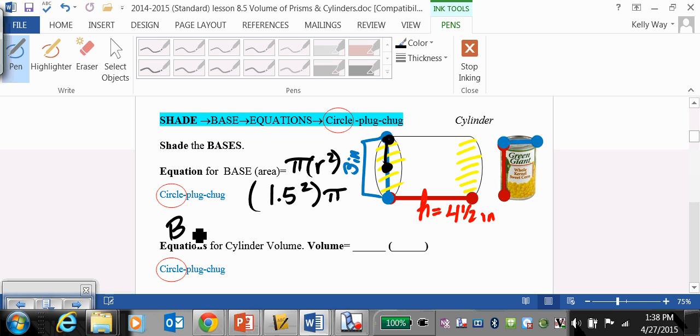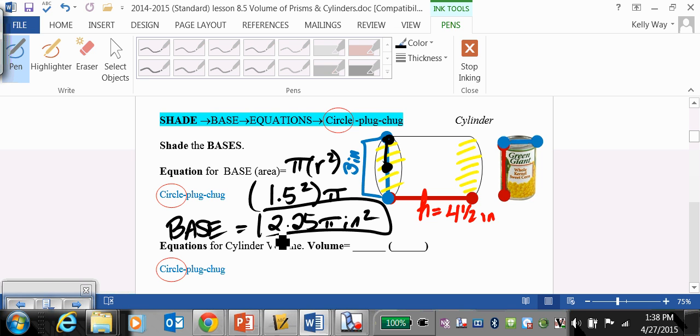And write the word base equals, that's 2.25 pi inches squared. Box that. Actually, I prefer pi, unless you have to do something with it.